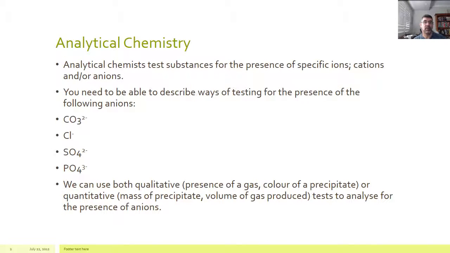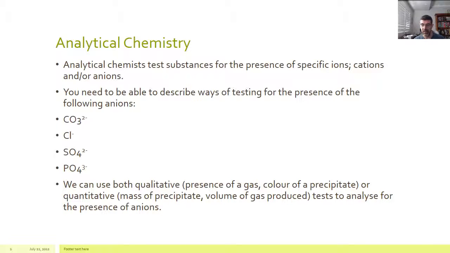So part of the importance of analytical chemistry is that it enables us to identify what types of ions are present, both qualitatively, whether or not certain ions are present, and quantitatively, how many there are for different substances. This can include mineral drinks, for example, that contain certain types of mineral ions. It can include things like waterways and identifying the different ions that may be present in some of our waterways as well.